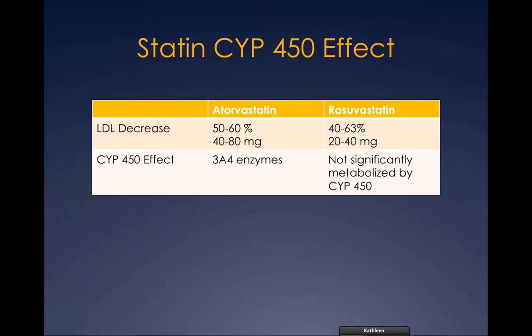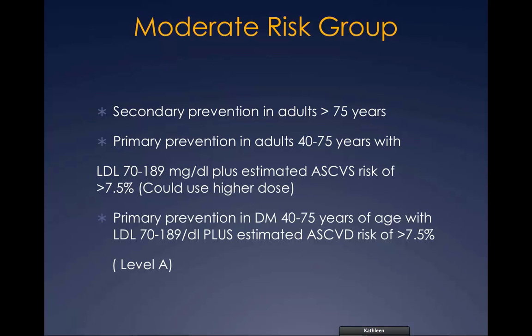So you want to stay away from, if you can, prescribing those drugs that are metabolized by cytochrome P450. So Pravastatin, if there's no generic for that, but if they have insurance and they have a small copay, this is something that you want to prescribe.